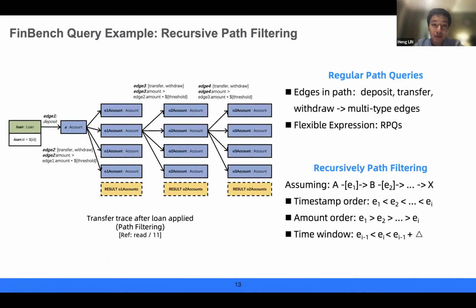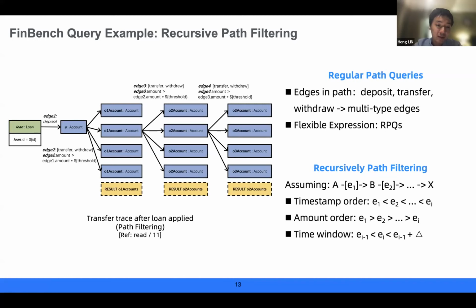Another thing I want to mention is recursive path filtering. What is it? We start from an account, and after that we have multiple hops. This is the first hop, the second hop, and the third hop. At each hop, we have some constraints.